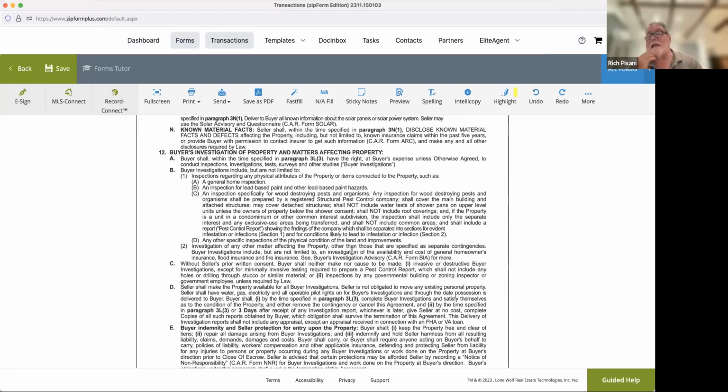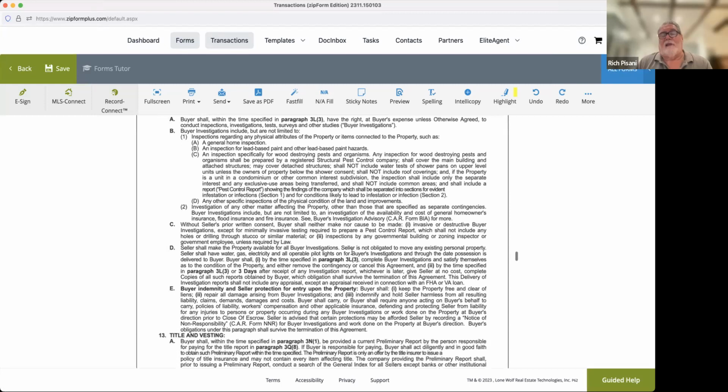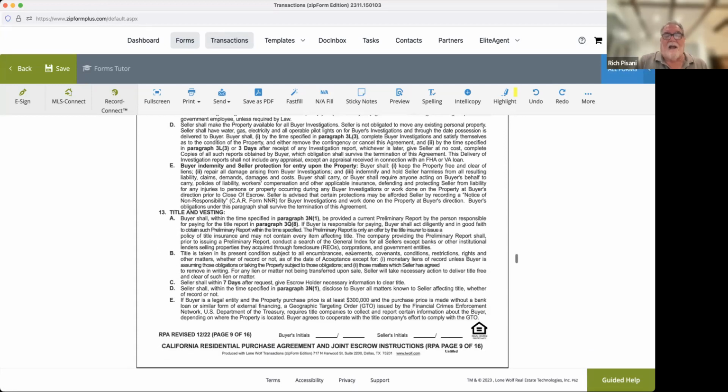So if you're a listing agent and your seller doesn't have the utilities on, they have to have those utilities on in order to do those inspections. And then the buyer indemnifies the seller and the seller's property from any damage done by any of their inspectors. Title and vesting, don't advise your clients as to how to take vesting, that they should contact their tax preparer. Any questions on this page?